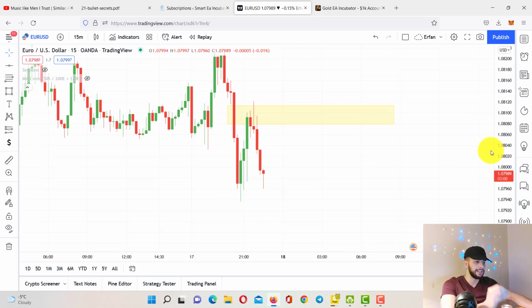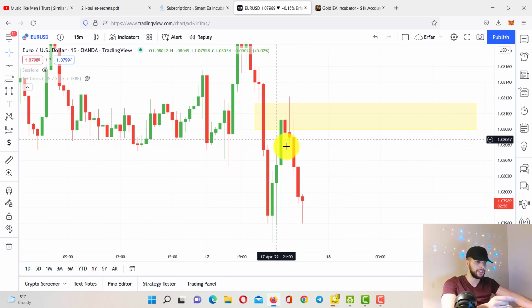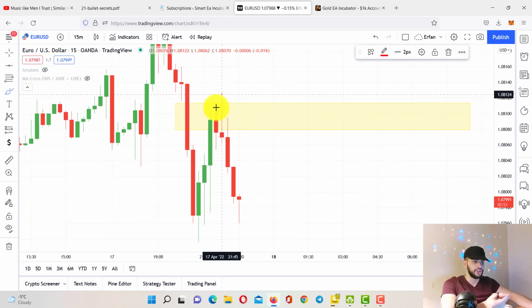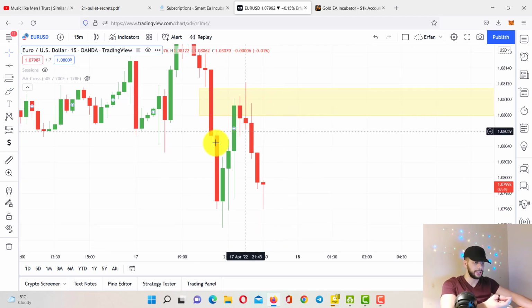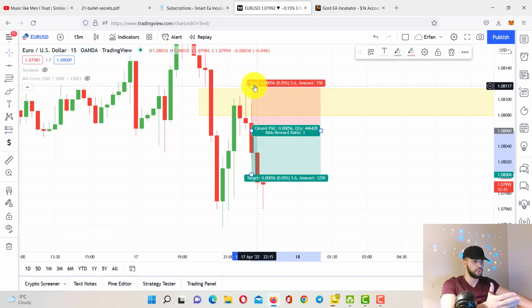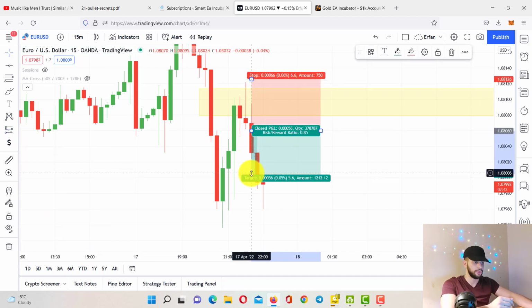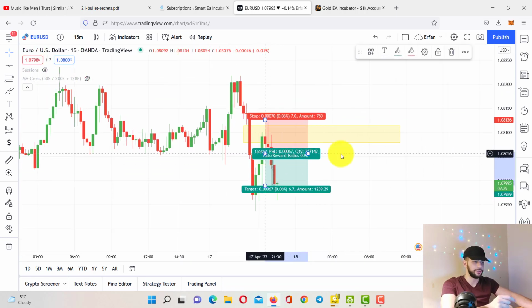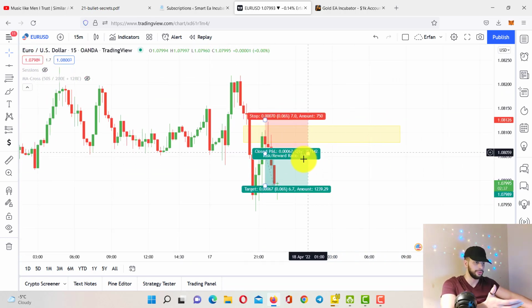If I delete my Fibonacci level, you see how beautiful this candle is, that literally got rejected towards the downside, and then we could take our sell position from here to here, and it could have been a 1-to-1 risk to reward ratio trade. Exactly 1-to-1, but it's not my trading hours, so I don't do that.